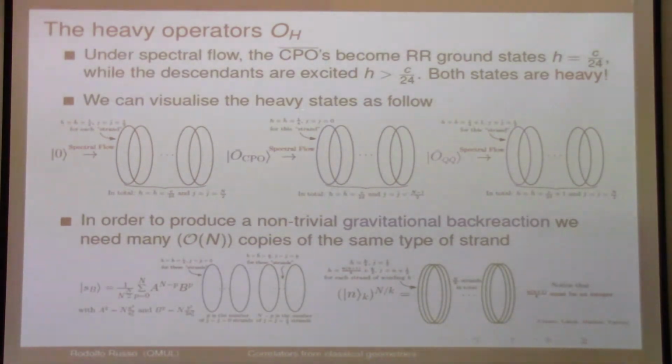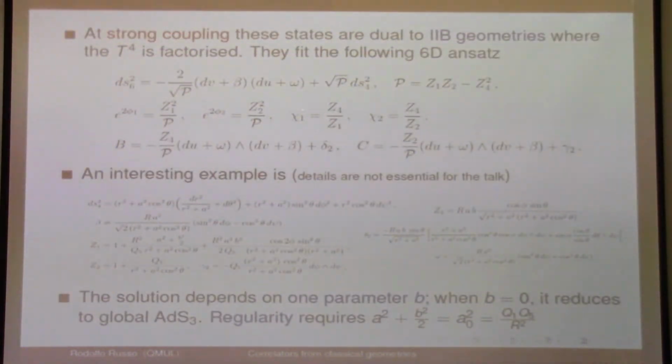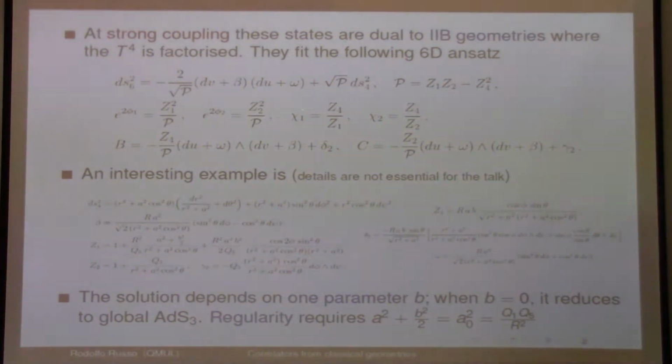Yeah. Let me say what we can do. One way of checking the dictionary is just repeating for this type of AdS3 what has been done by Skenderis and other people to calculate the three-point function.